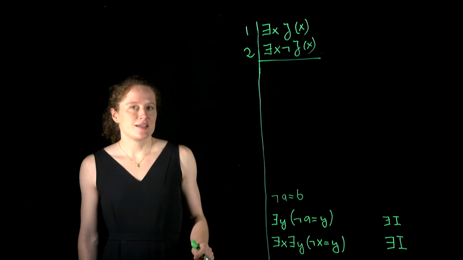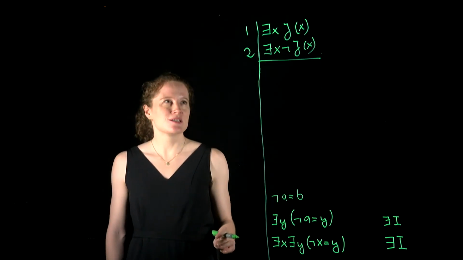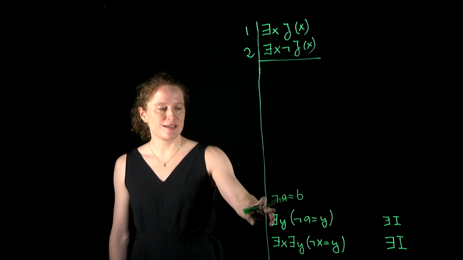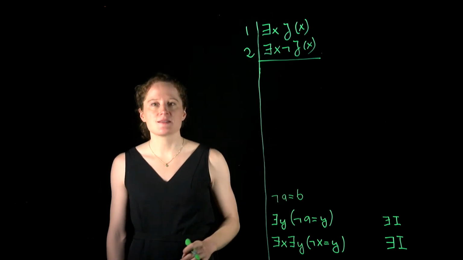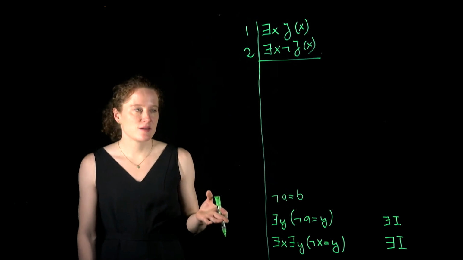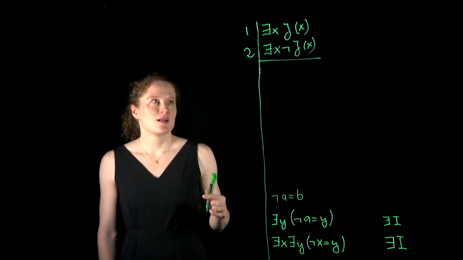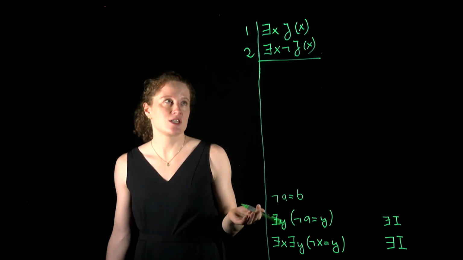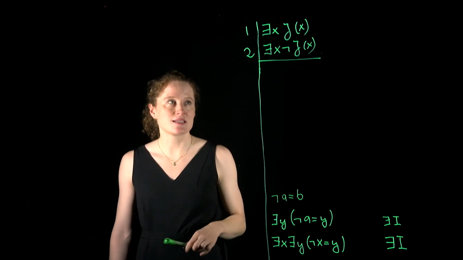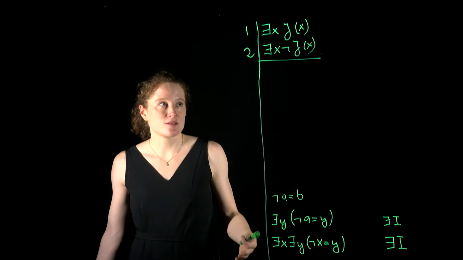But now the issue is that I am not going to be able to prove that A is not identical to B from my two premises. And why is that? Well, the first premise just tells us that some x is j, and the second premise tells us that some x is not j.